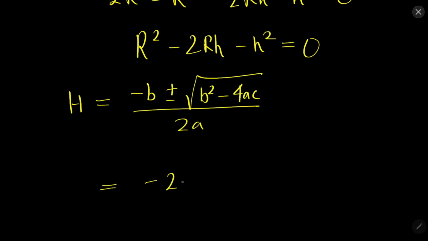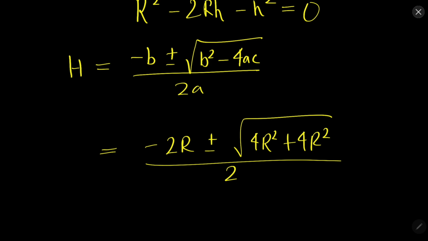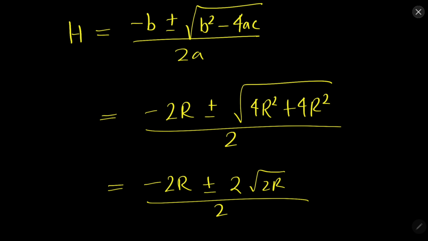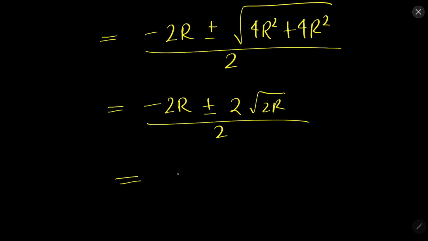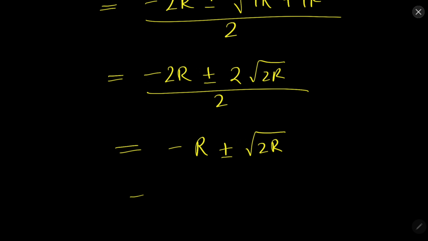So this is minus 2r plus minus root 4r square plus 4r square upon 2a. A is 1. So minus 2r plus minus 2 root 2r upon 2. So this 2 will become common. So minus r plus minus root 2r. This is what we have now.